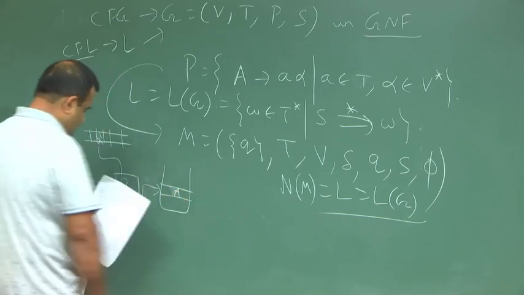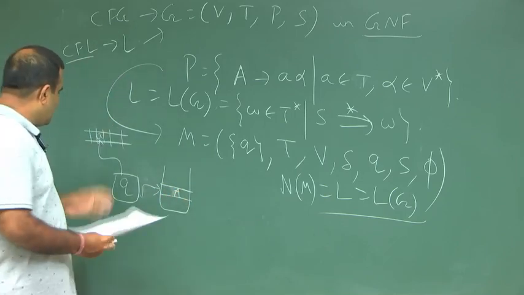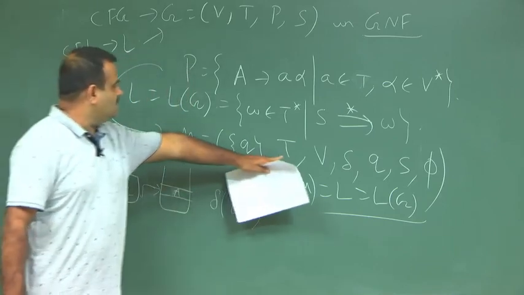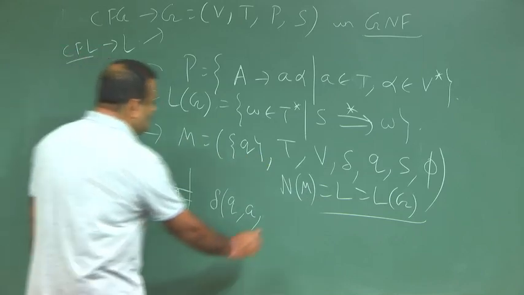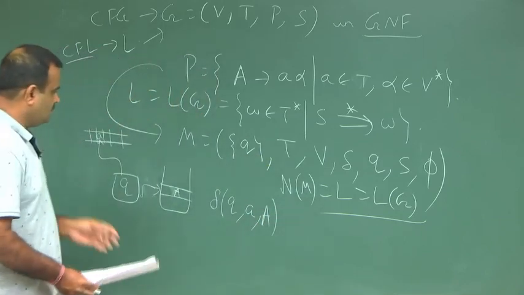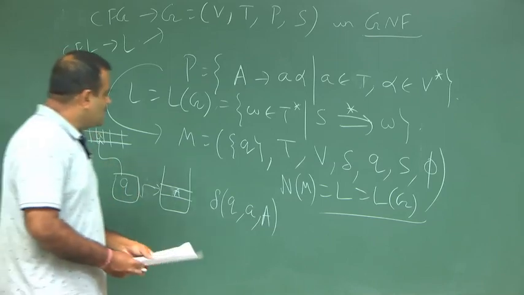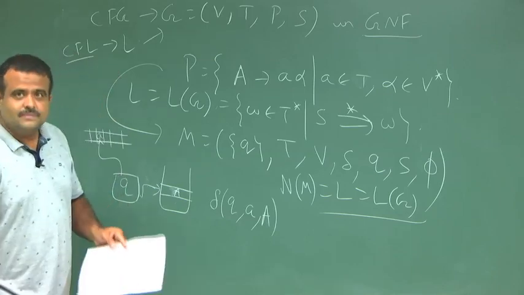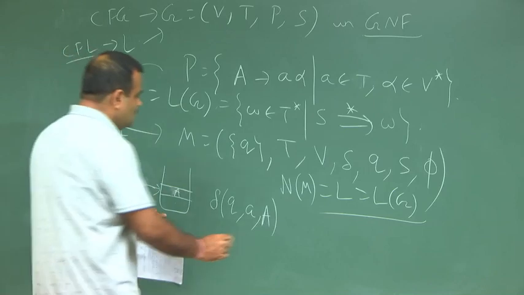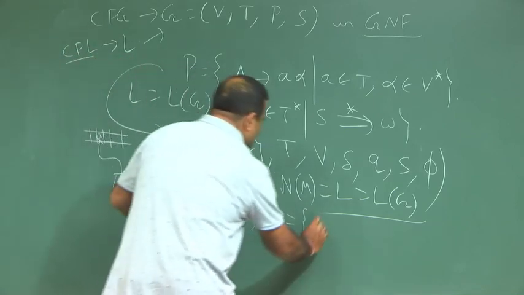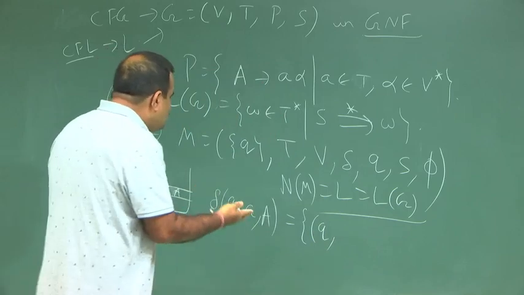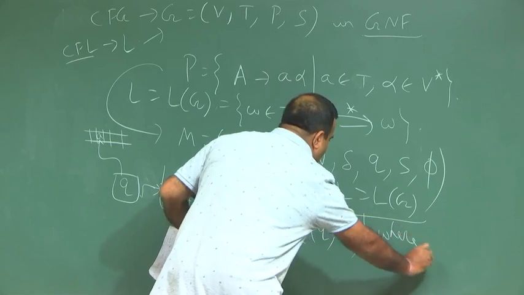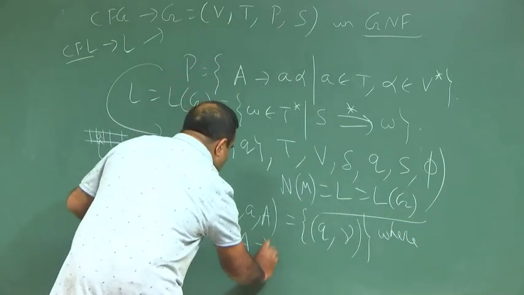So, this will be some A. Okay. So, delta is of this form: delta of Q, a, A, which is sigma basically, and we have A. And this will be replaced by what? So, this is a non-deterministic move. So, this will be going to some set containing this q, and this A will move to gamma, where we have a rule like this, A goes to a gamma.